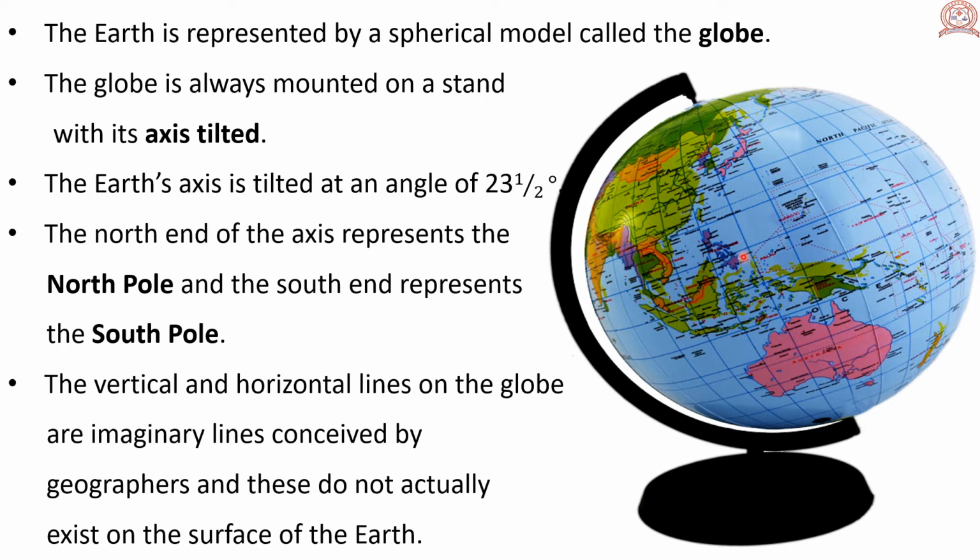Can you see several vertical and horizontal lines on the globe? The vertical and horizontal lines on the globe are imaginary lines considered by geographers, and these do not actually exist on the surface of the earth.